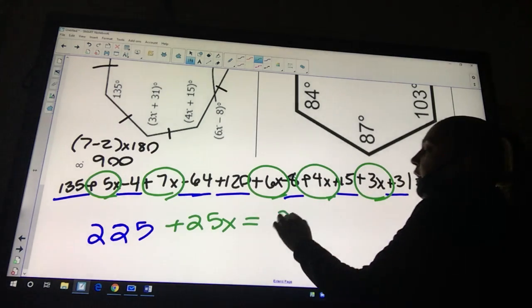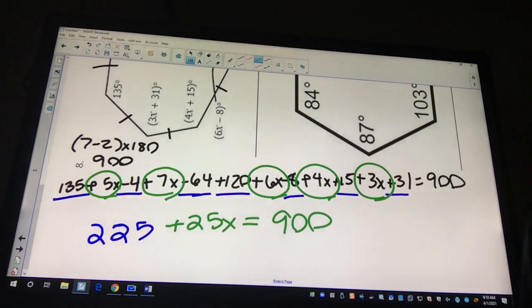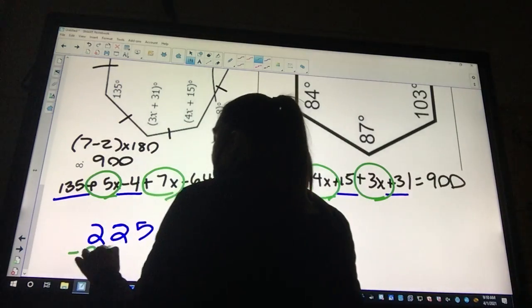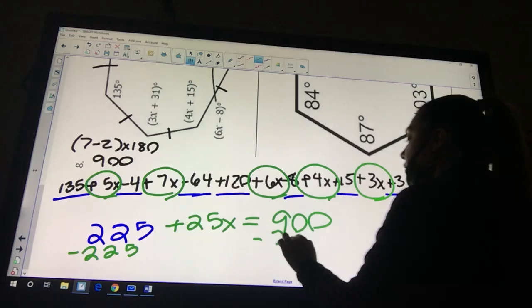900. Okay, so now how do we solve this? We're solving for x. What needs to get moved first? I got 225 plus 25x equals 900. The 225. So how do I move it? Minus 225.